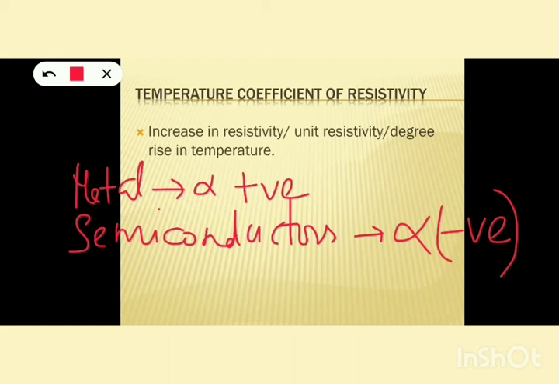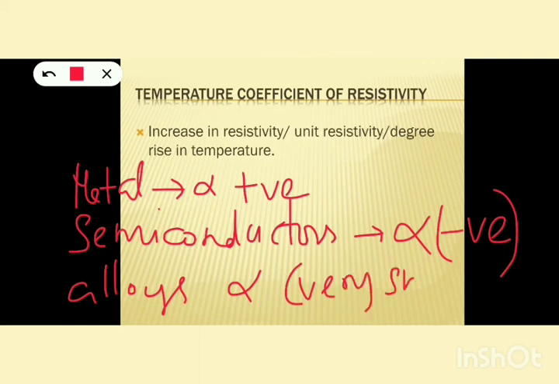Then for alloys, our alpha is very small. The temperature coefficient of resistivity is very small. That means alloys do not depend upon the fluctuations or changes in temperature. Even if the temperature increases, the alloys do not melt at such high temperature.